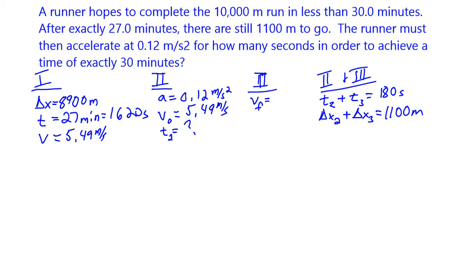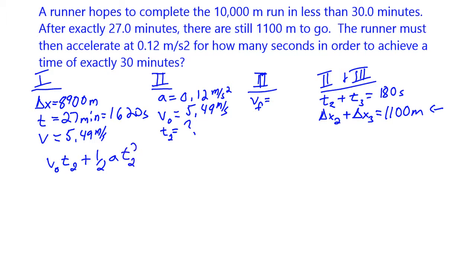Alright, you're usually better off using the delta x equation to solve for it. So for delta x2, we're going to start with that. Delta x2 is going to be equal to v0 times T2 plus 1/2 a times T2 squared.